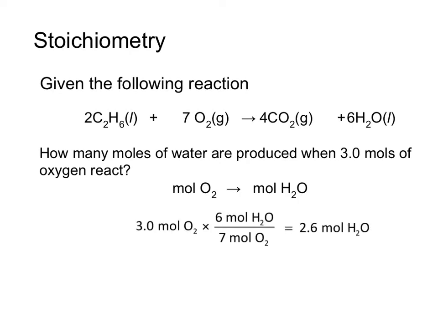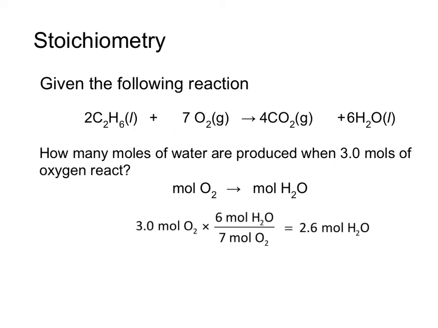And so we can see here that it's a simple matter of setting up a conversion factor that allows us to convert back and forth between the moles of O2 and the moles of H2O in our reaction. We look back to our balanced chemical equation, and we see that for every 6 moles of water that are produced, we began with 7 moles of O2.